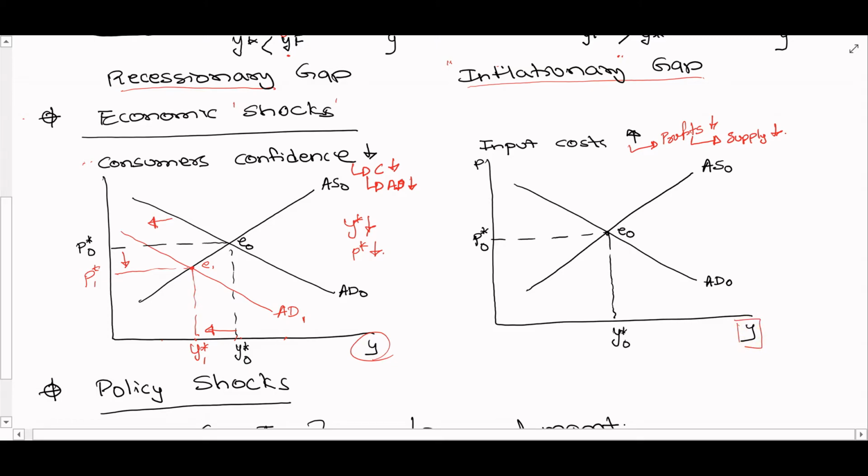So the aggregate supply will shift left from AS0 to AS1, and the equilibrium moves from E0 to E1. In this case, GDP will contract, the economy contracts, and your prices will be higher. So you'll see inflation in the economy.